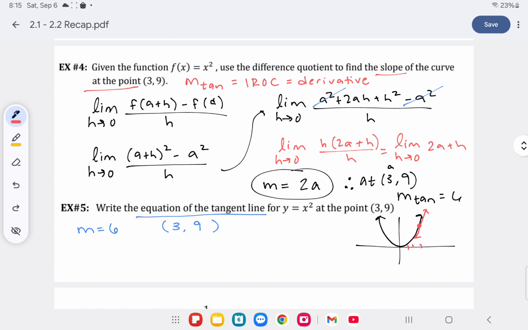Well, we know the slope of that tangent line is 6, and we know it goes through the point 3, 9 because that's the point that we're drawing the tangent line at. So now we're going to use point slope form, which if you remember from Algebra 1 is y minus y1 equals m times x minus x1. And we're going to substitute in our values. And that's it.